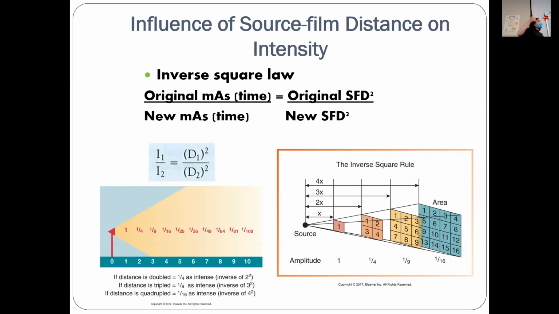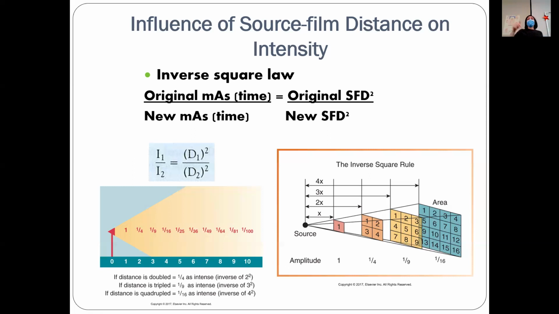So then you'd have to increase the intensity, the power, to make up for that length of distance. And there's a specific formula that you could use to figure it out. Basically, like in this image, if you double the distance, if your BID goes from 8 inches to 16 inches, the power or intensity of your beam reduces down to 1/4 of the intensity.